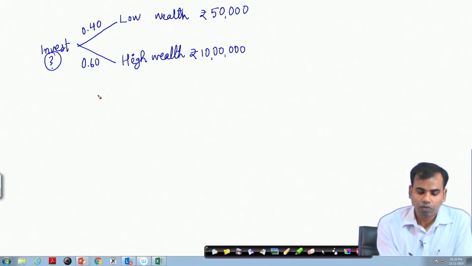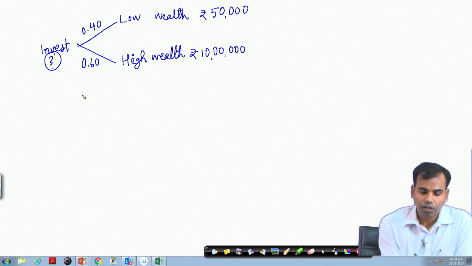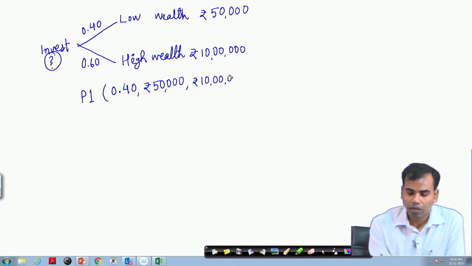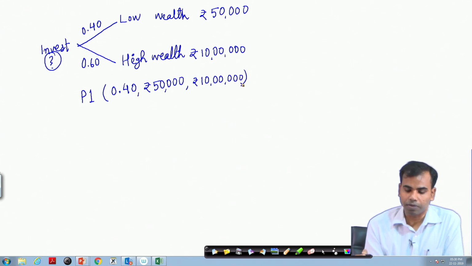If I want to express this particular situation in a prospect way, let us say I have a prospect 1 indicated as P1, which is basically a 40% probability of getting 50,000 in future out of this decision, and remaining probability is getting 10 lakh out of this decision.